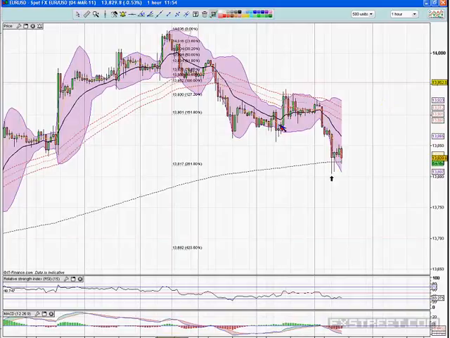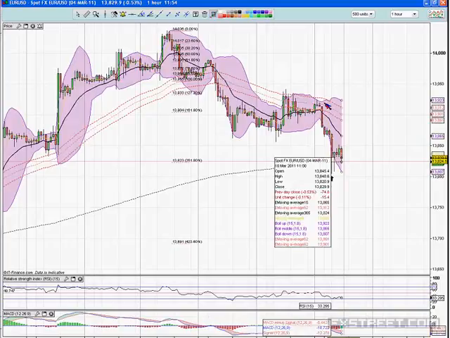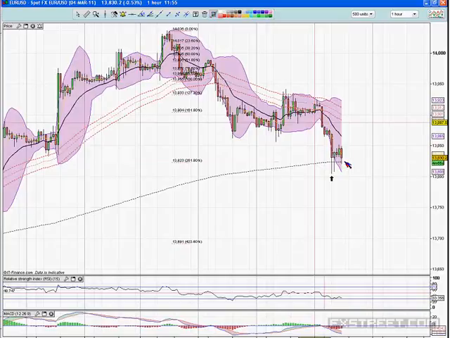Okay, I personally think this is a pullback, and the way it's pulling back does not look particularly impulsive. One thing you have got is a 5-wave count here. So you've got 1, 2, 3, choppy 4, 1, 2, 3, 4, 5, 261.8%.